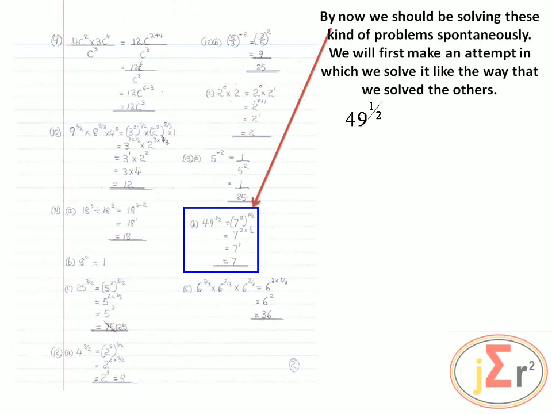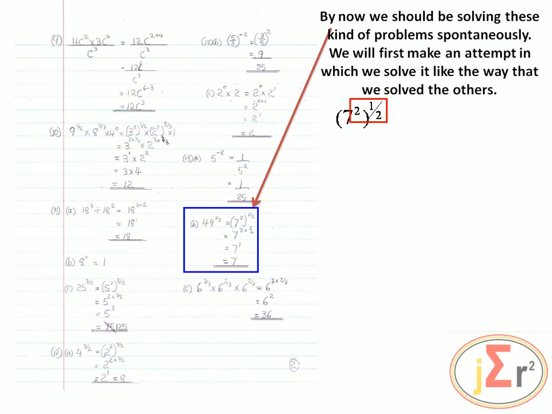We solved the others that are accompanied by a fractional index by making use, when we can, of another bit of information. For example, 49 is 7 raised to the power of 2. So replace 49 with 7 raised to the power of 2.